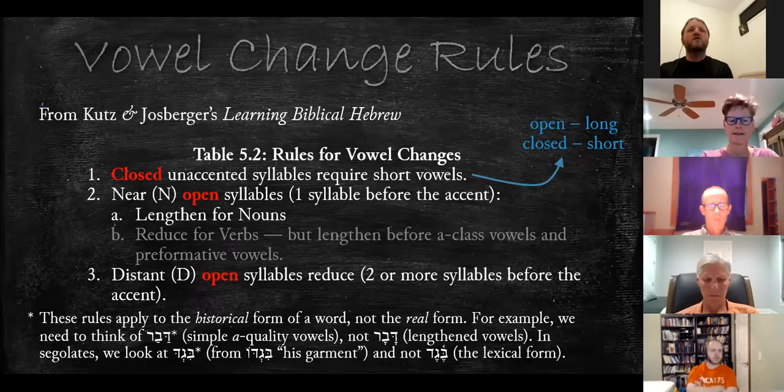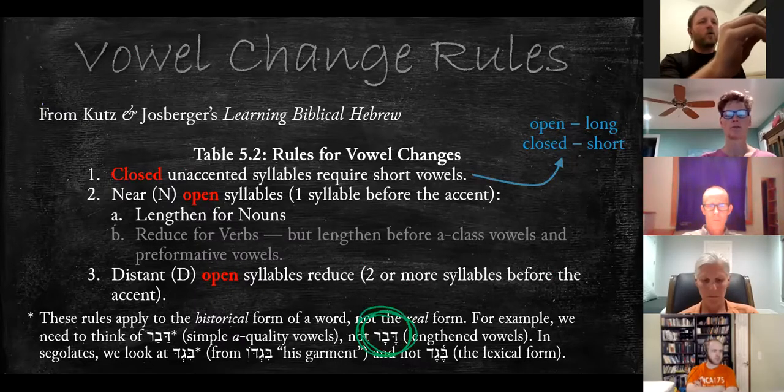So to get the historical form, we take the regular kamatz or patach and we make it patach. We take any i quality vowel, i or e, and we make it chirik, and it's short. Historic vowels are short, except in the case of matres lectionis, which are historically long, and sometimes kamatz, which we're not going to go into. So davar is the real word with 2 kamatzes, but the historical form is with patach. We drop them down to patach.